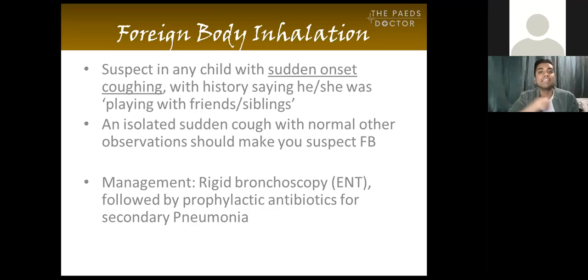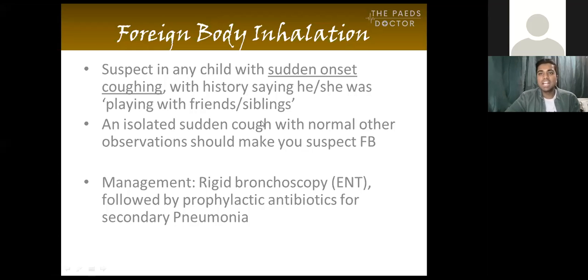It's going to be in the bronchi or upper part. So rigid bronchoscopy is going to be the best way to get that out. Flexible is more for going further down into the lungs. Okay, I hope that makes sense. And yes, you give prophylactic antibiotics, as we discussed, because pneumonia is going to be of concern. So these children need antibiotics even after the procedure.